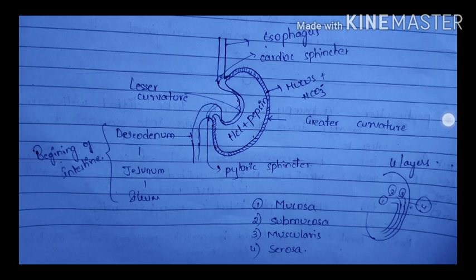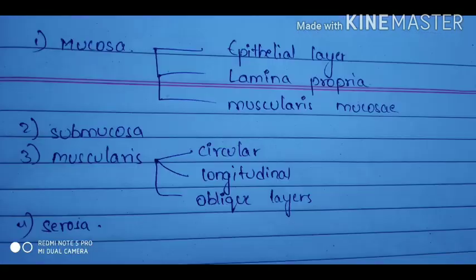If we want to look deeper into these layers, all of them are again subdivided into more sublayers. Mucosa contains 3 layers: the epithelial layer, lamina propria and muscularis mucosa. The muscularis contains circular, longitudinal and oblique layers. These are the layers of the stomach.